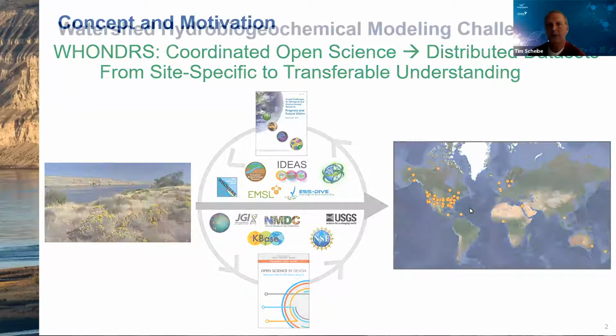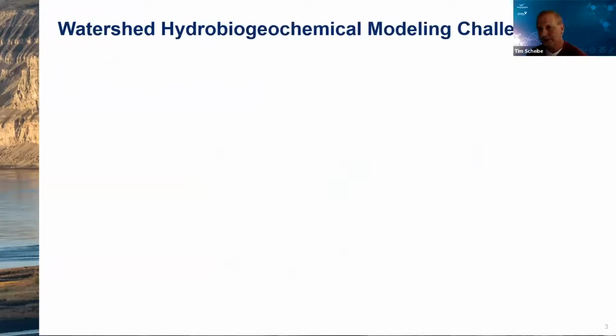So how can we begin to do that? Well, first we have to think about what the real critical modeling challenges are. If we think about watersheds, hydrobiogeochemistry is really the nexus of how hydrologic problems, problems of water flow and transport, impact biogeochemistry and vice versa. So it's that nexus between hydrology and biogeochemistry that we want to study in our watersheds.